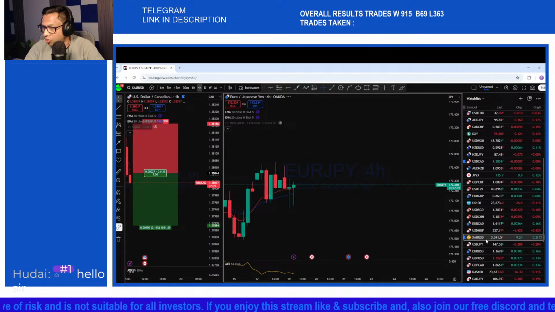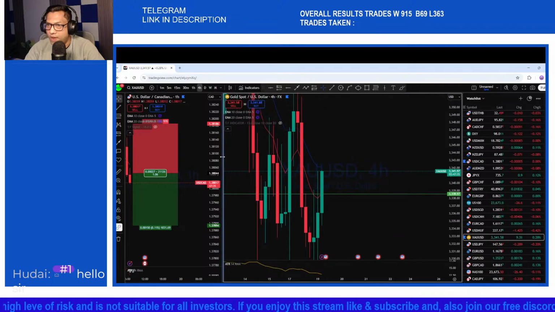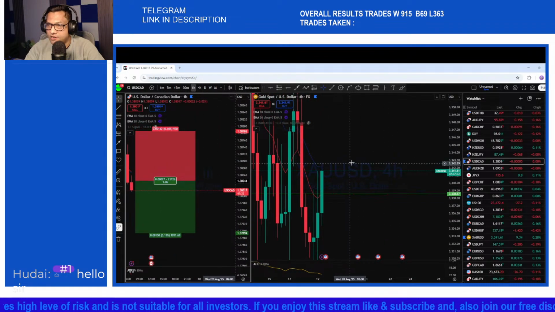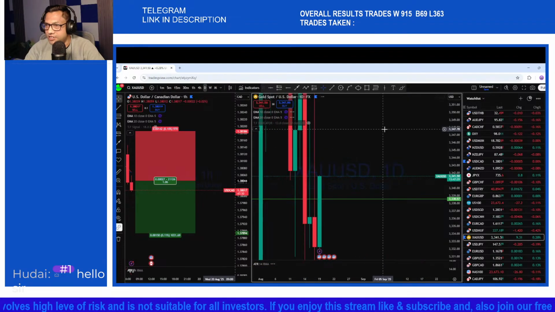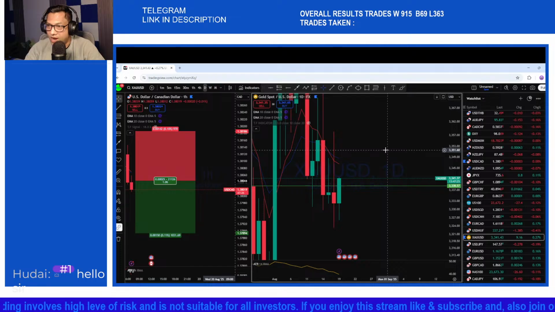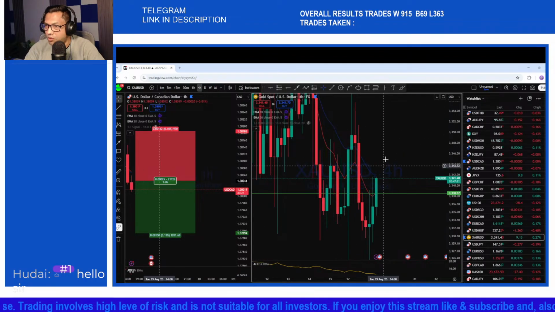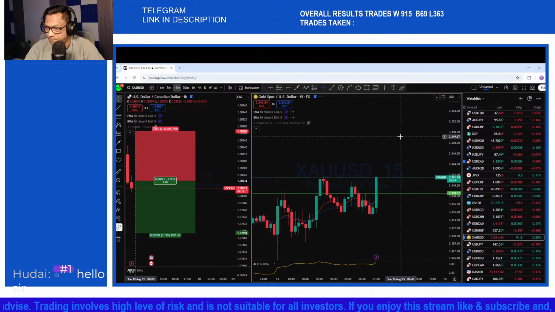Along with that, on gold we can see currently a pullback to the upside, and this market is having a rejection from this daily support level, and I think we might see very soon a possible entry opportunity on gold. There is a bounce here on gold from this lower time frame.